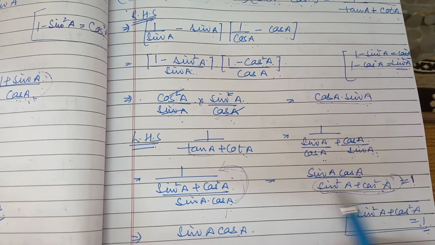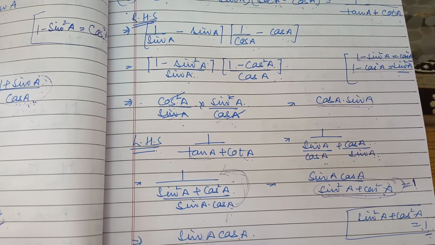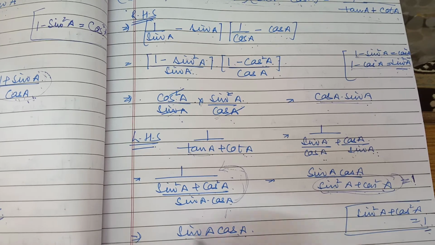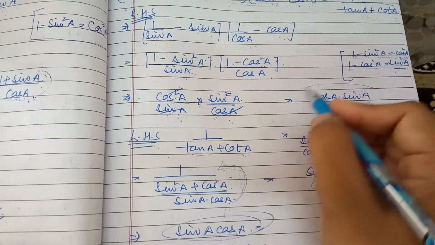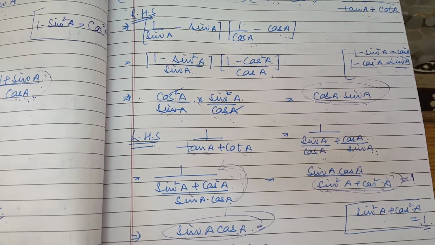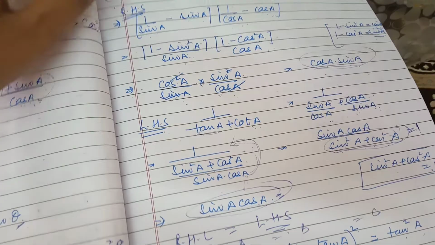So in place of this, if I put down 1, what is left with us? That is sin A into cos A. So if you will see that this is the right hand side and this one is the left hand side. Both of them are equal. So can we write down left hand is equal to right hand? So in this way we solve this question.